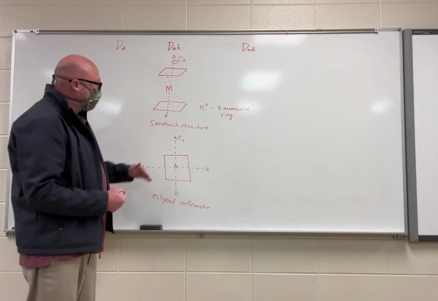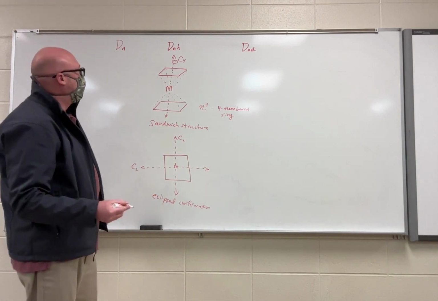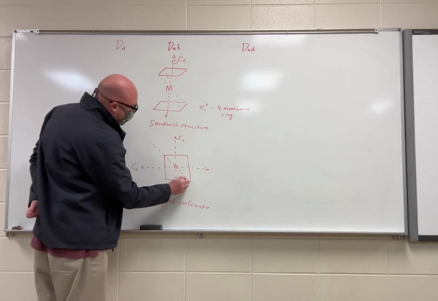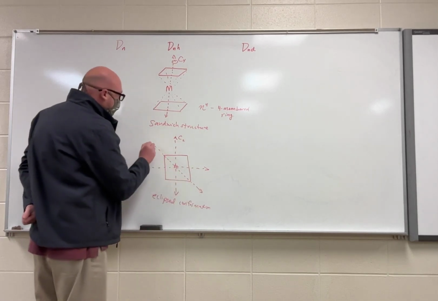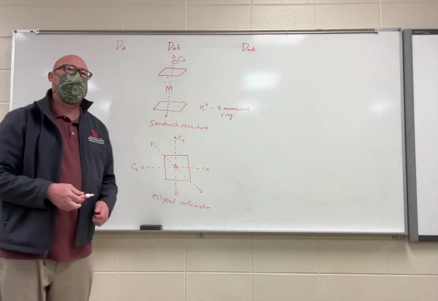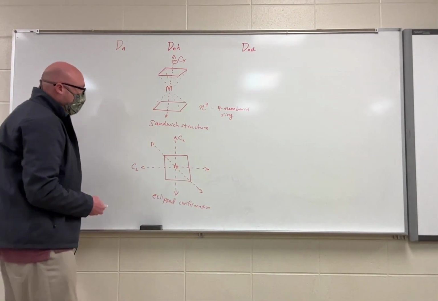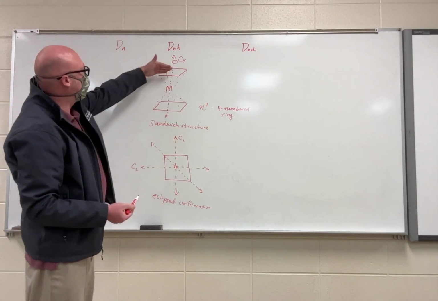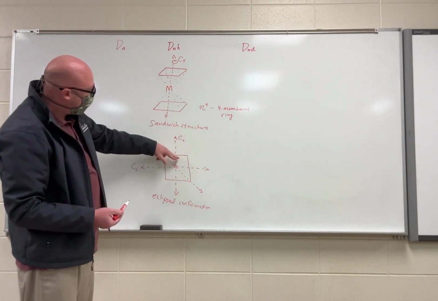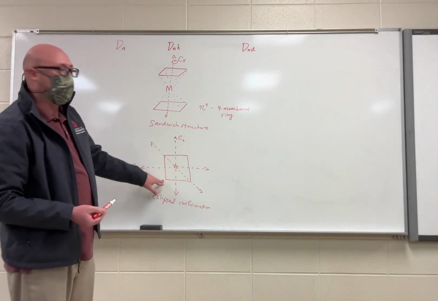Now there are two other C2s perpendicular to the C4, and those go through the metal atom again, but now, in this eclipsed view, they are beneath the corners of the four-membered rings, right? So when you perform that C2, again the rings exchange, but this corner will move to this side on the bottom now, okay?